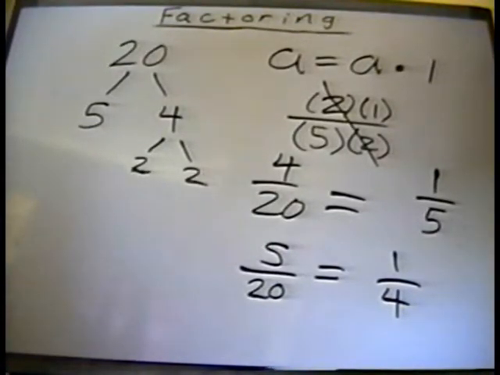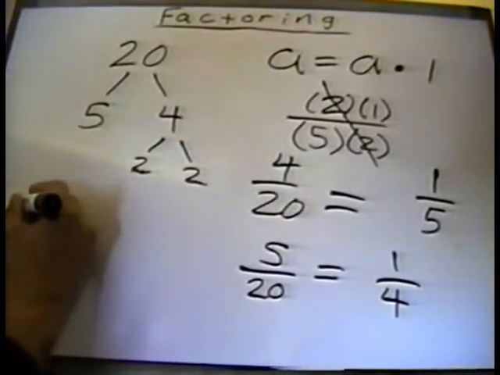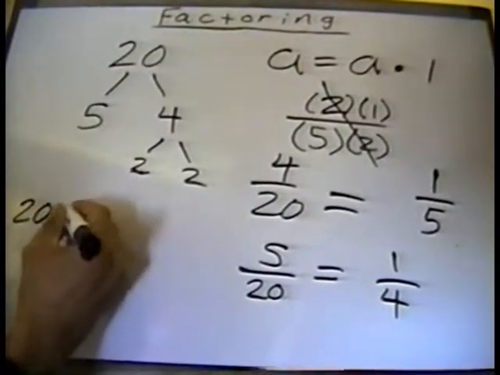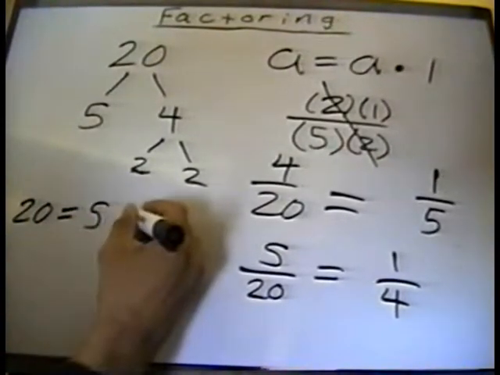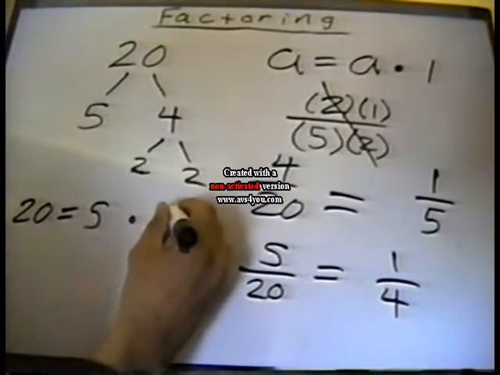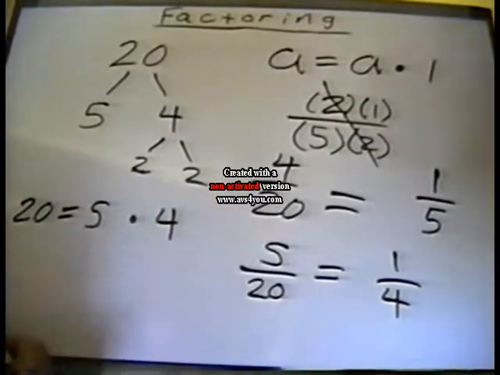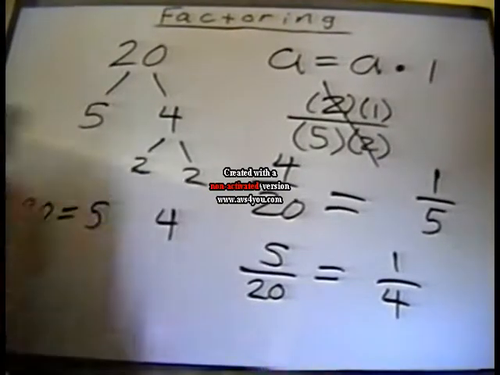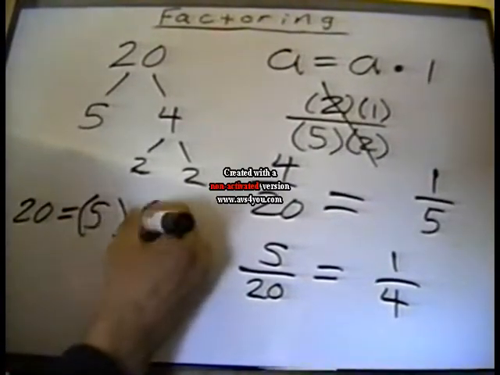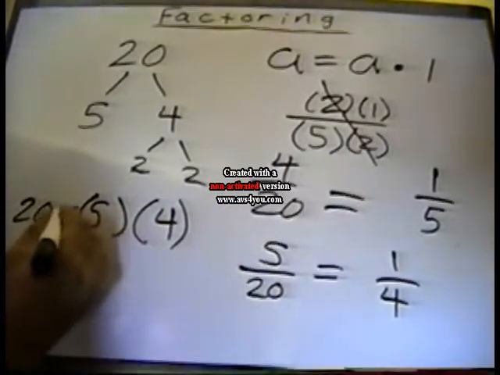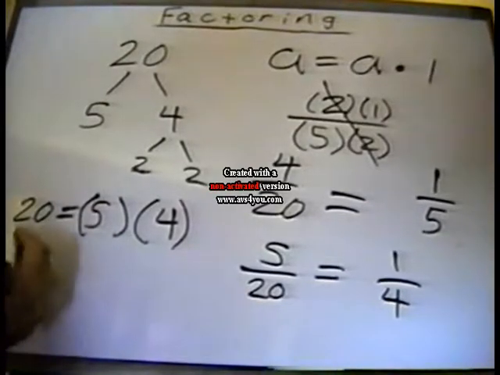And we know that 20 is equal to 5 times 4. And we have 20 that is equal to 5 times 4, or 5 by 4 in parentheses.